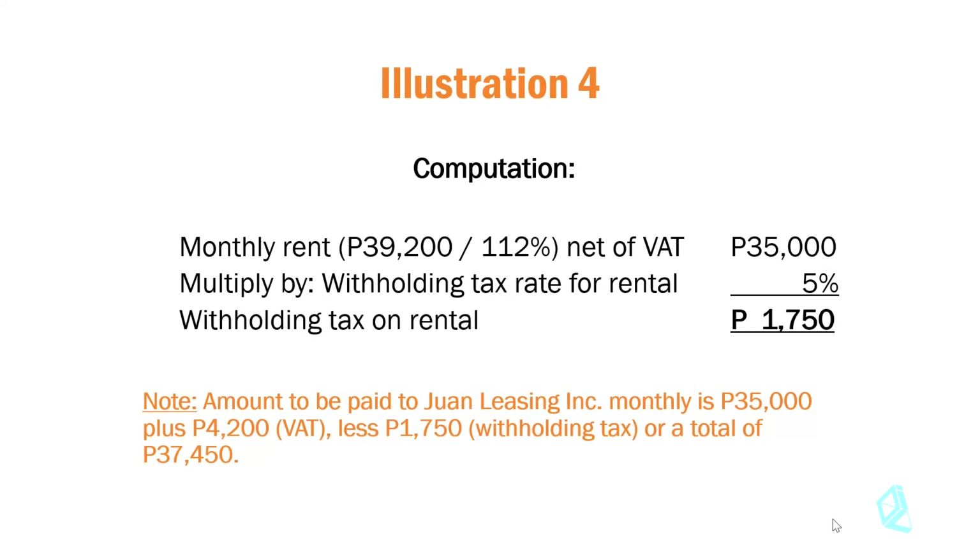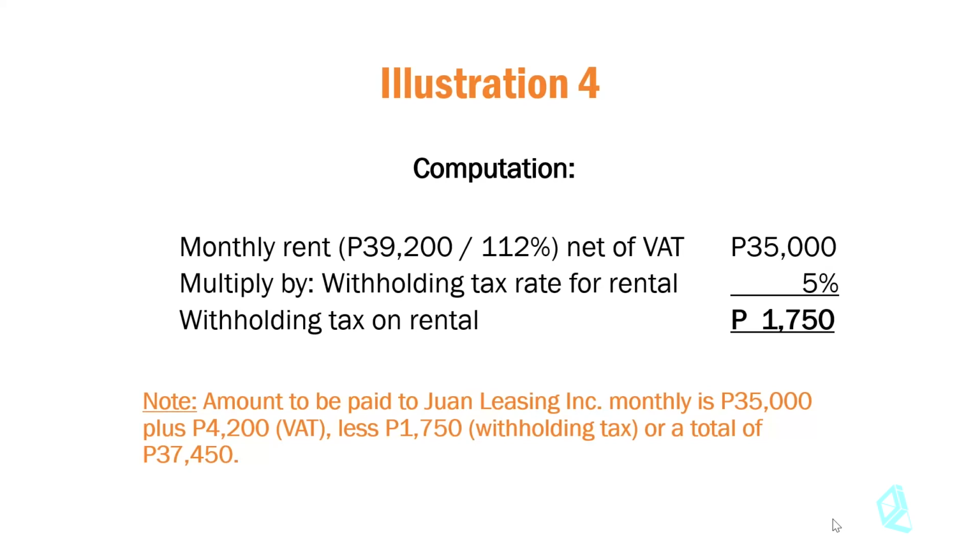So what is Form 2307? This is a summary of the amounts that you withheld from their payments to the BIR. So they will use this form in order to reduce their income tax payable.